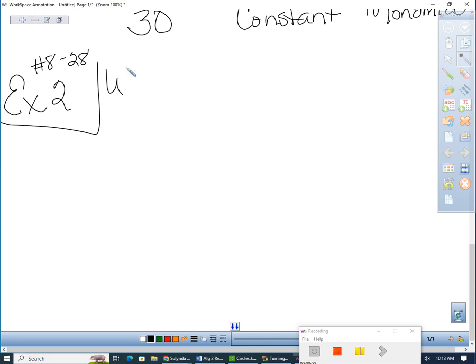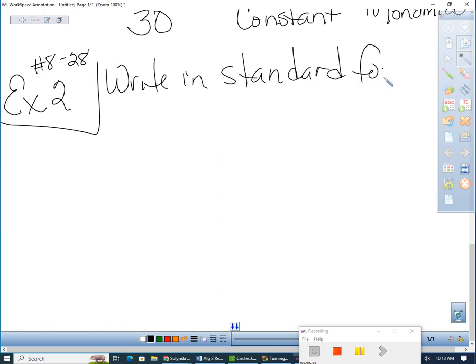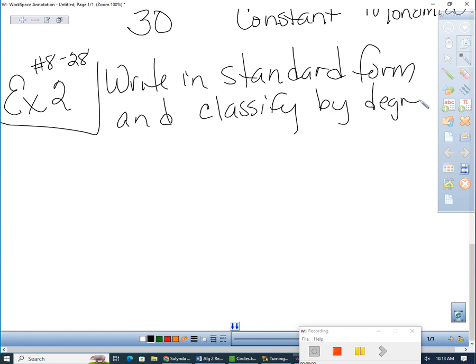So write in standard form and classify by degree and number of terms.